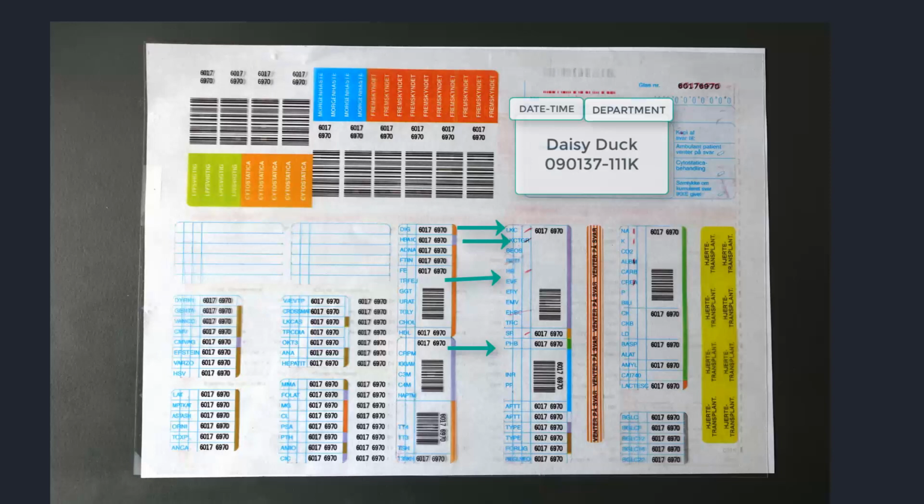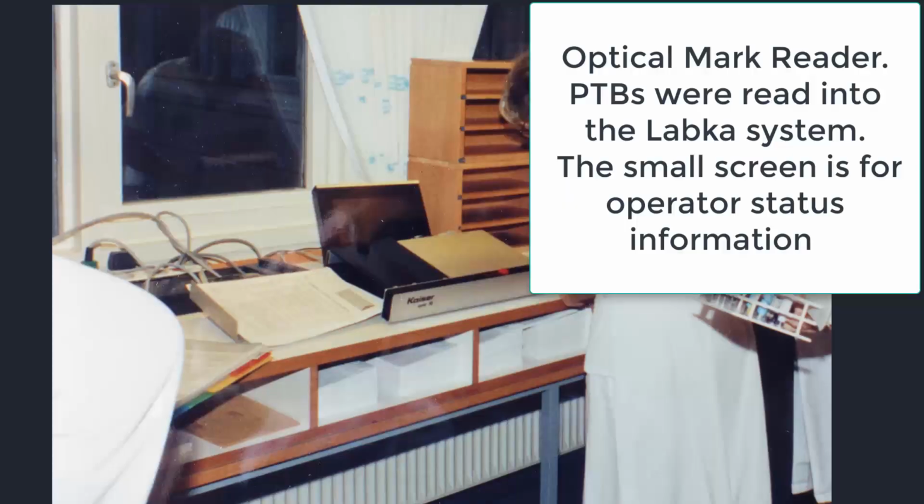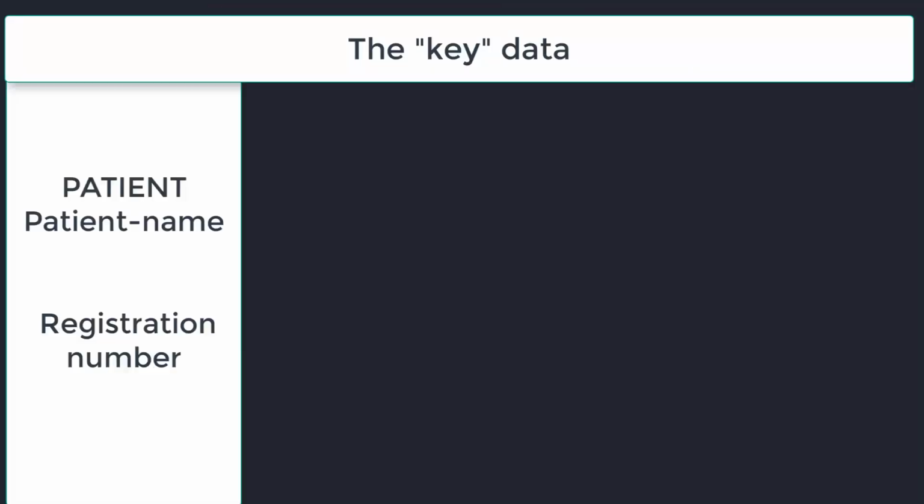OMR data was quickly loaded into a file via the OMR reader. A little later it was picked up on the screen, and further data could be added. As mentioned before, several OMR readers could be connected to the HP 1000 system. The important registration identification numbers can be seen here beside the sampling time and the department.